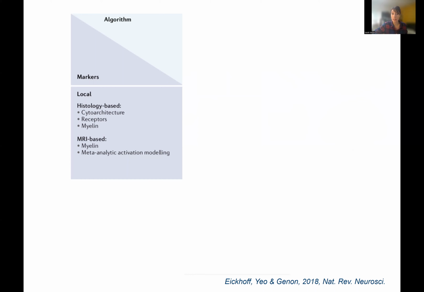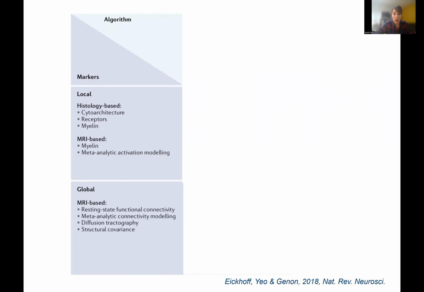This is known as meta-analytic activation modeling, which should not be confused with meta-analytic connectivity modeling, because meta-analytic connectivity modeling probes, as its name indicates, connectivity, so global features. In MRI-based global features, we have resting state functional connectivity, meta-analytic connectivity modeling, as I said, but also diffusion tractography and other approaches such as structural covariance.